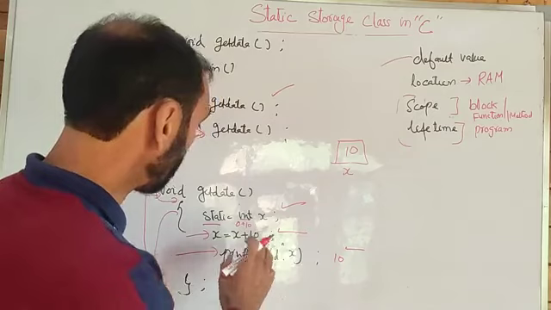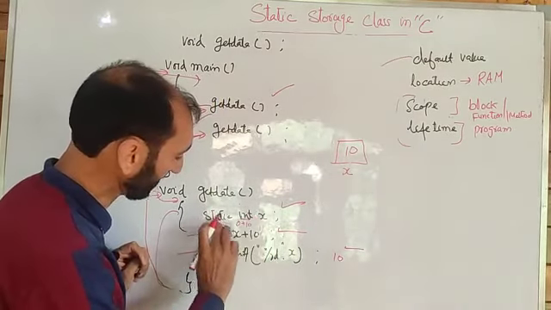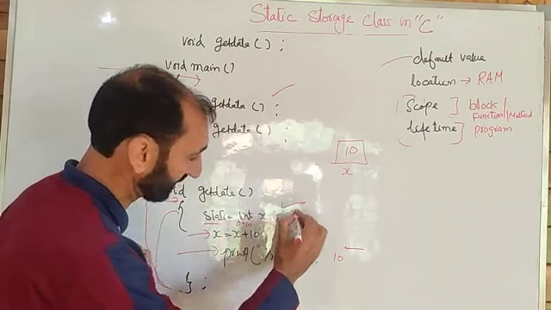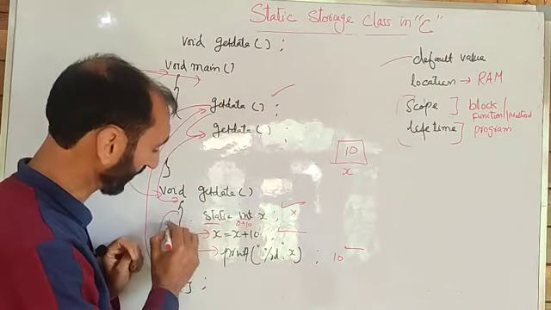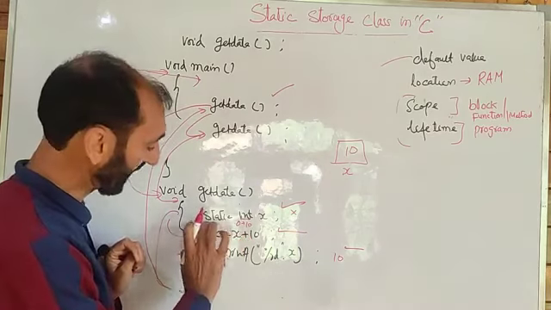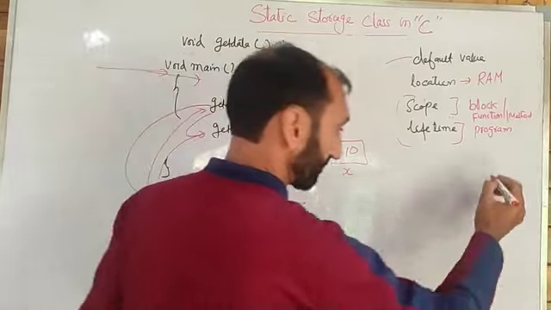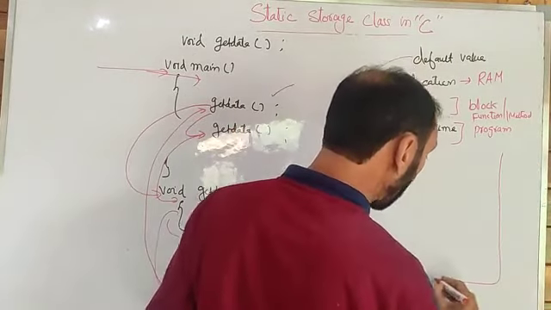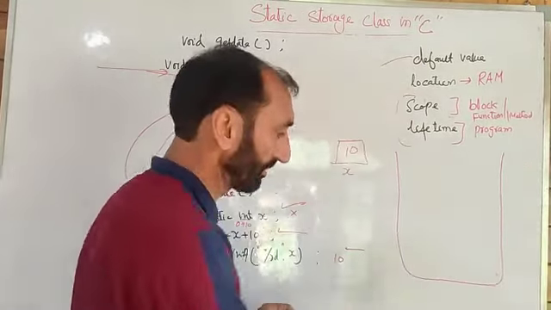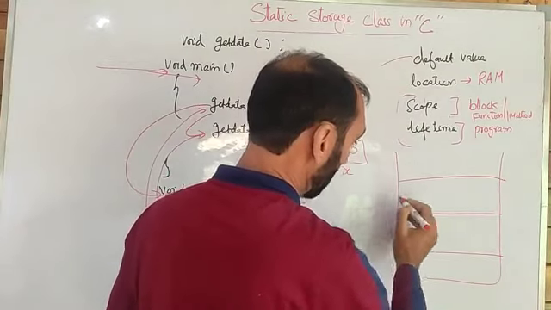Then what will happen? It will not get initialized again. This line, static int x, will get skipped. Now the control will go directly to x equal to x plus 10, because I have declared the variable x as static. Take care. We know that for a program, there are 4 sections from where the memory is going to be allocated.